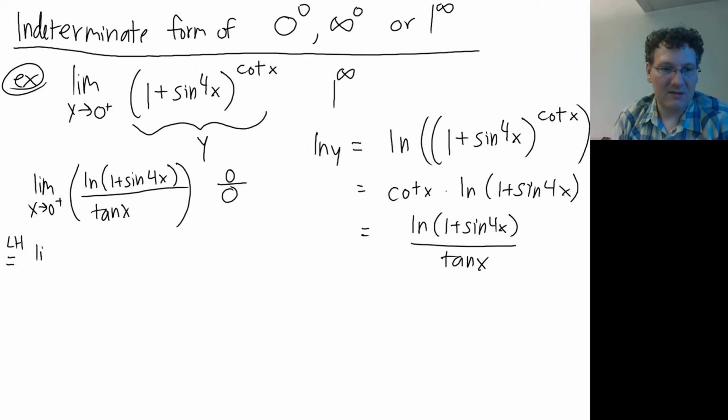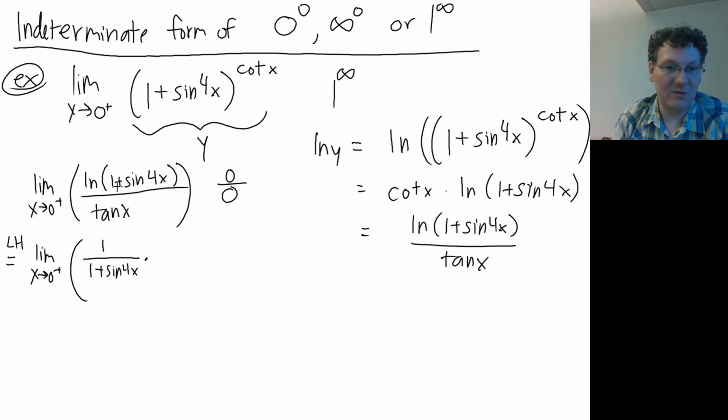And so this is the limit as x goes to 0 from the right. What we have is 1 over 1 plus the sine of 4x, times the derivative of 1 plus sine of 4x, which is 4 cosine of 4x. And the derivative of the tangent, remember, is the secant squared of x.